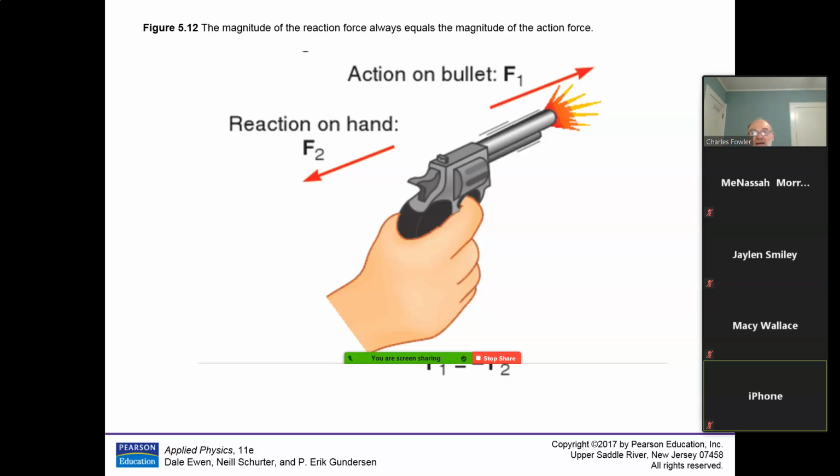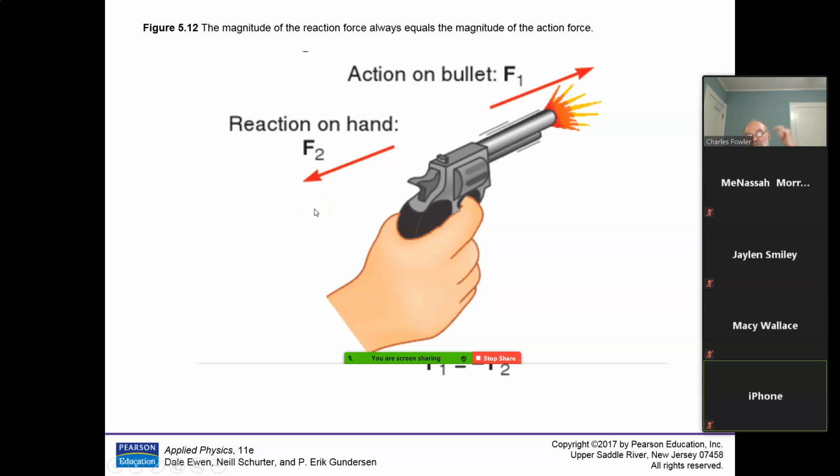The force of the gun on the bullet is in this direction. The force of the bullet on the gun is in that direction. I wish they hadn't said this on the hand, because the hand's not pushing on the bullet. The gun is pushing the bullet forward, and the bullet is pushing the gun backward.